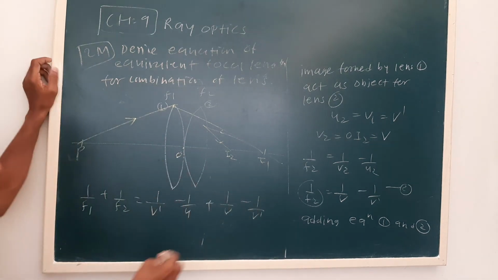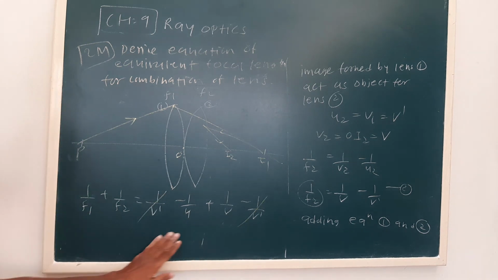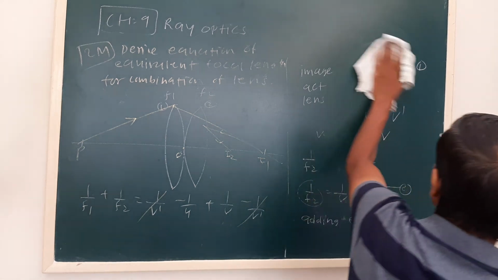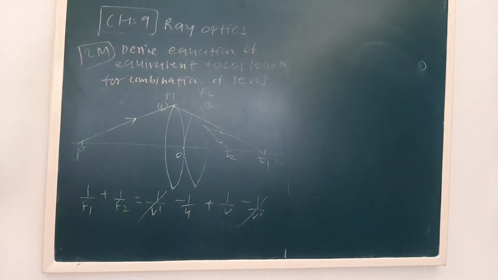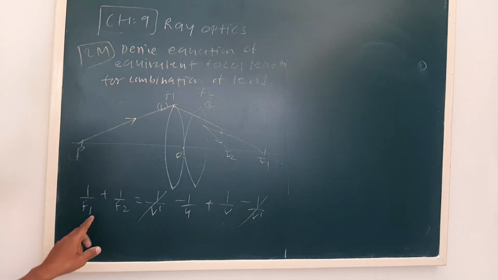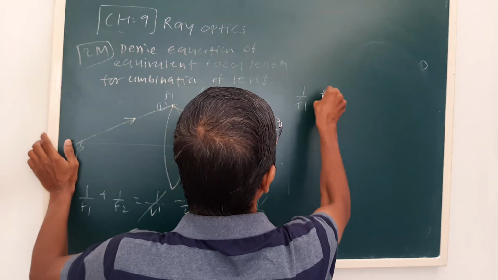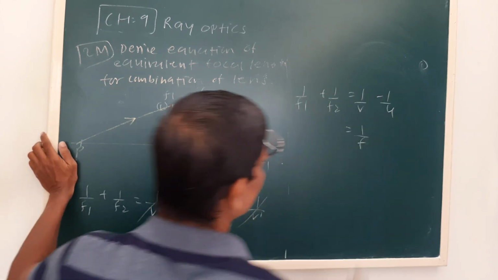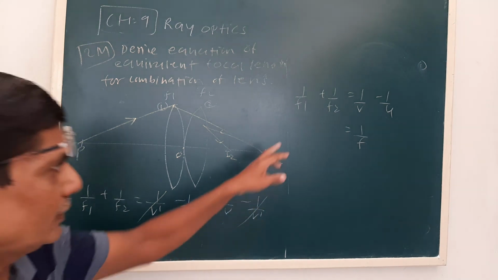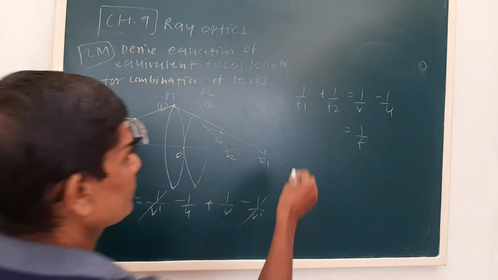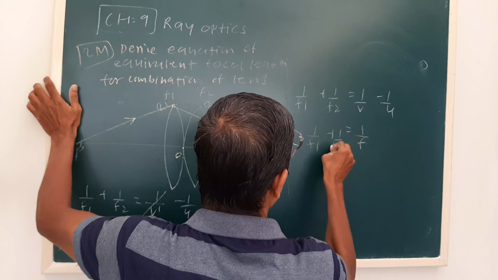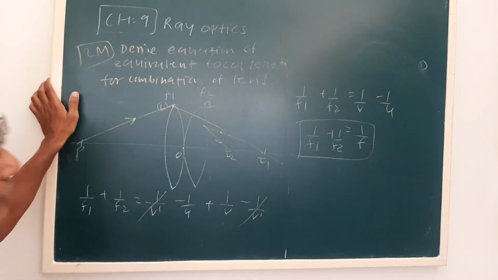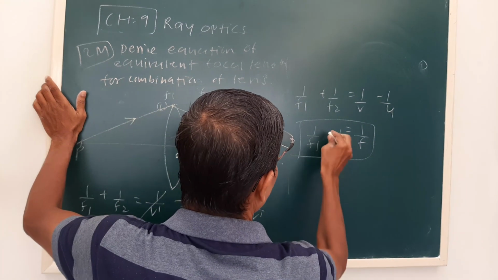There is a negative sign here and a positive one here, so they cancel. So what is left? We can write 1 upon f1 plus 1 upon f2 is equal to 1 upon v minus 1 upon u. This is 1 upon f. So the equivalent focal length is given by 1 upon f equals 1 upon f1 plus 1 upon f2. This is the formula for the equivalent focal length for a combination of lenses.